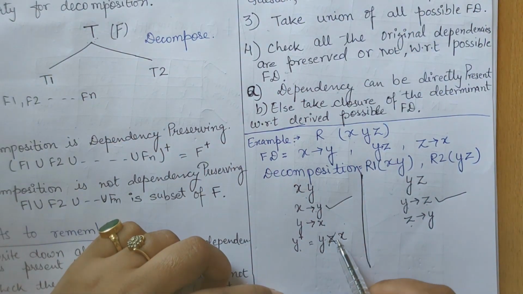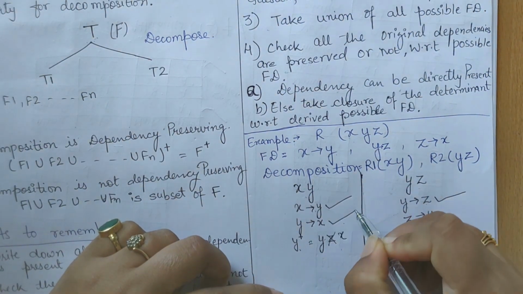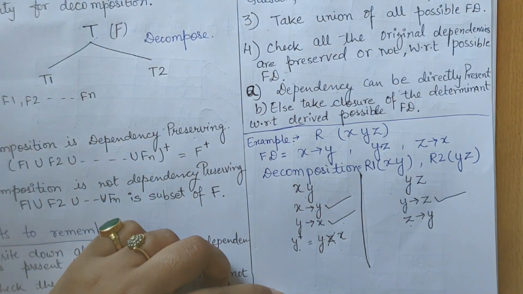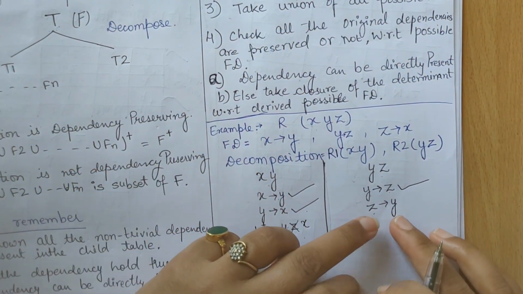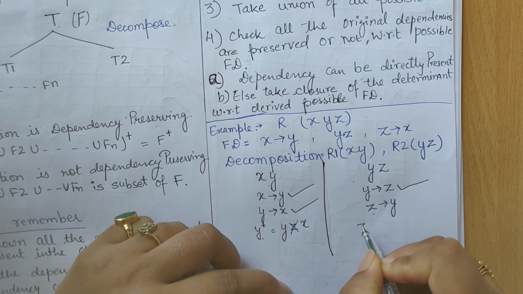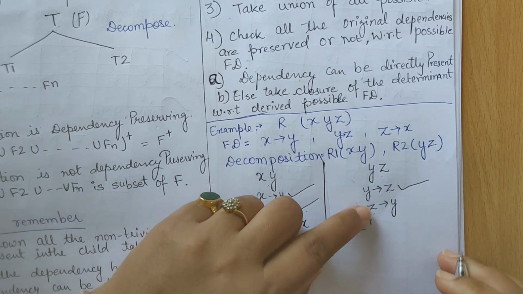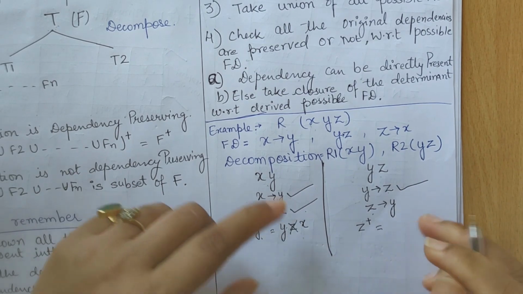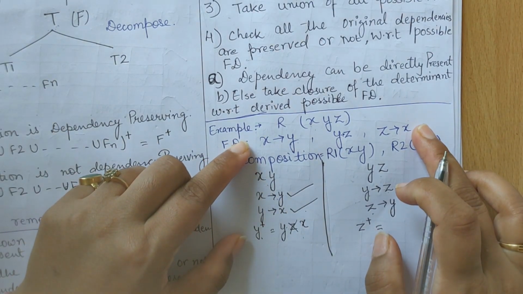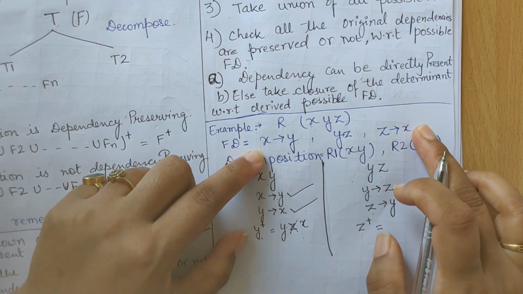So Y can determine X. That means we proved that it is not directly present, but indirectly this dependency also holds true. Okay, now let's check this one. So here I have to take the closure of the determinant. What is the determinant? Z. Now the closure of the determinant with respect to the functional dependencies given in the question.